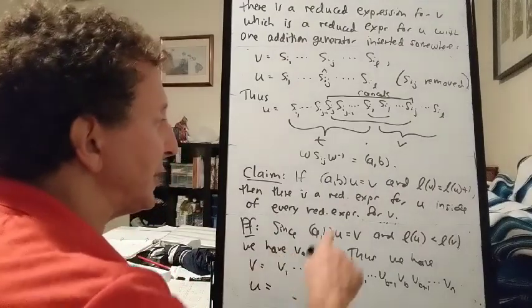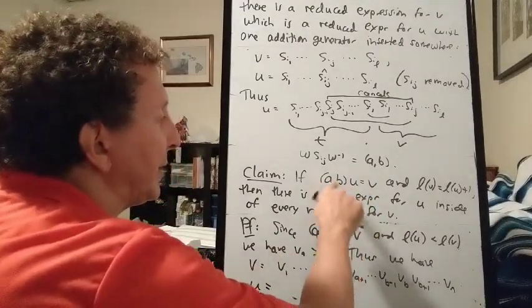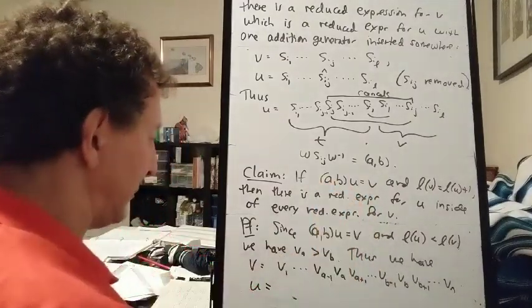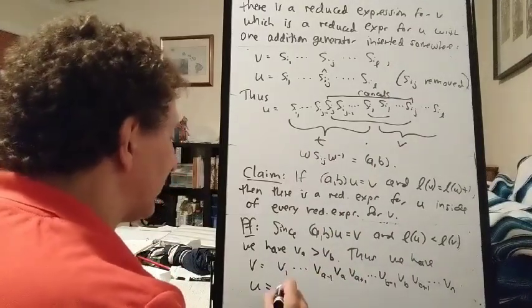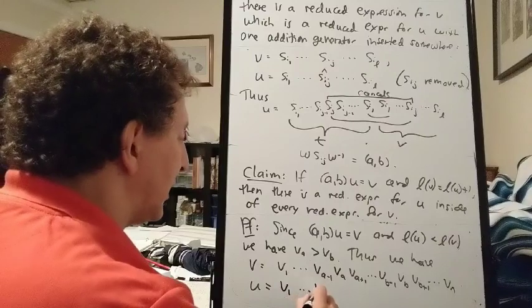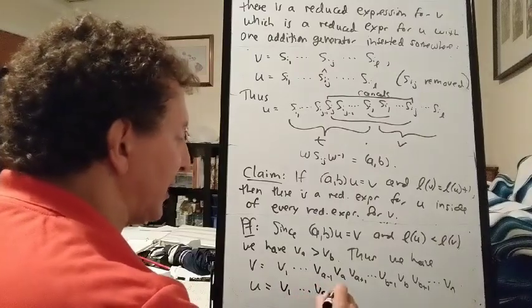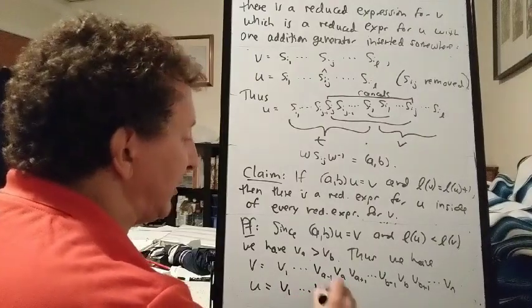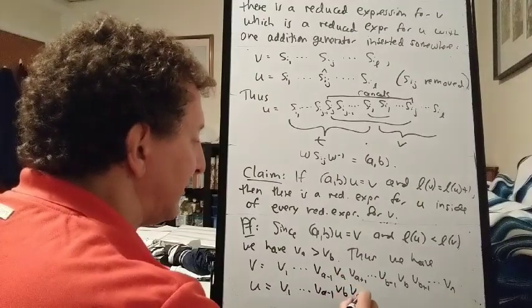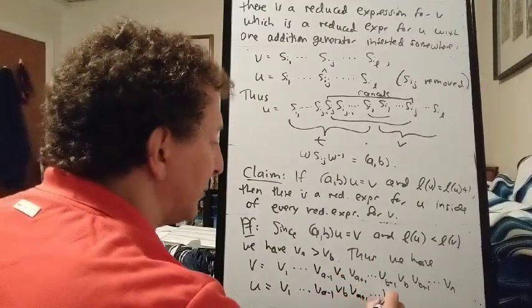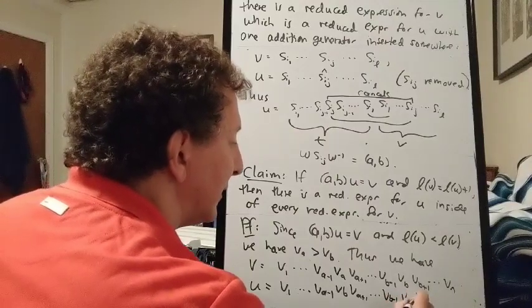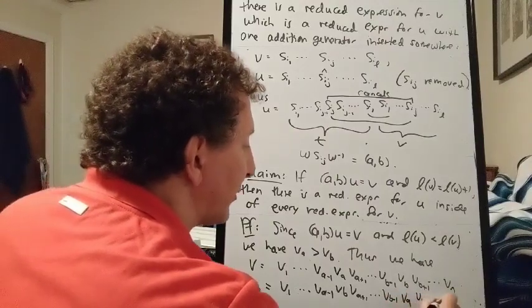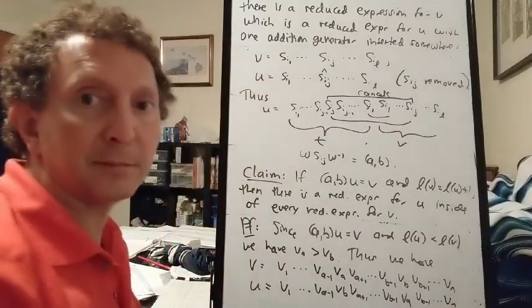And then U, which differs from V only because we swapped the letters in positions A and B, then has U1 equal to V1. So I'll just write V1 up to VA minus 1. Those are all the same. Then we've got a VB here in position A, VA plus 1 up to VB minus 1, and then a VA in position B, and then VB plus 1 through VN are all the same.